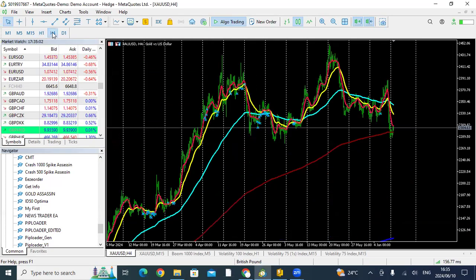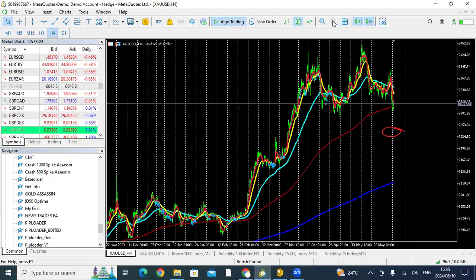Let me change the chart and maybe go to a different chart. As you can see, this is the 4-hour chart, and this is the 365 moving average. On the 4-hour chart, as you can see, it bounces on that. So this is very, very important for you. If you are going to trade profitably, you need to know some of these points. I may not be able to finish this whole topic in one day, but as you can see, this is the 365 moving average on a 4-hour chart.